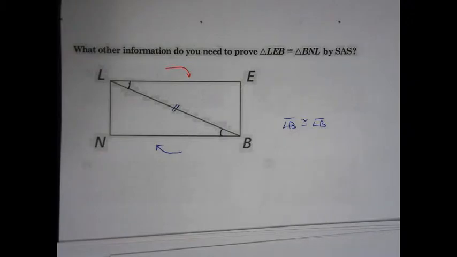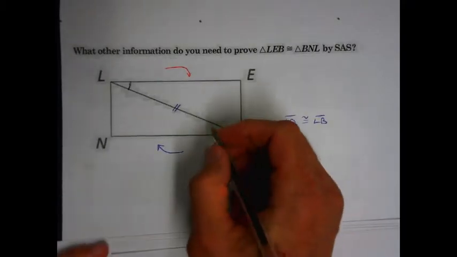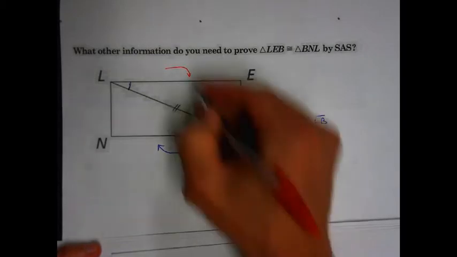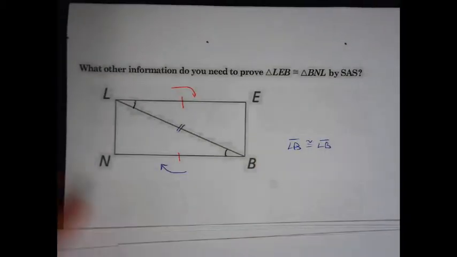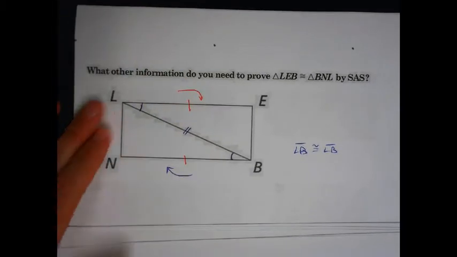In order for these angles to be included angles, we would have to be able to show that the angles are included between two sides. Okay, so these are the sides that we have to show right here, this side and this side. Those would be the sides that we have to show. So what's the information that's missing?